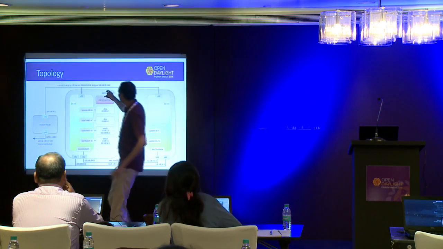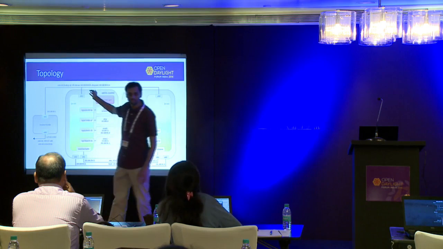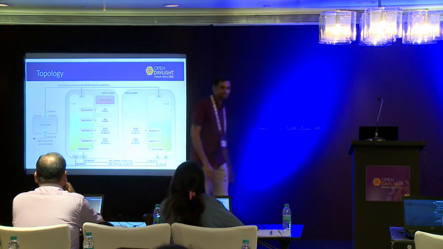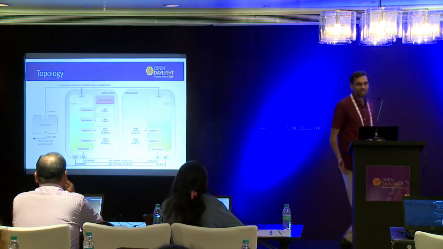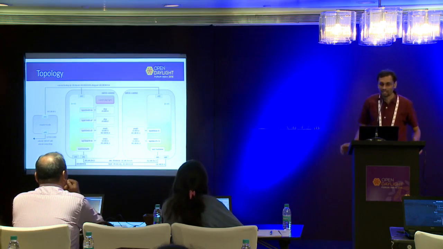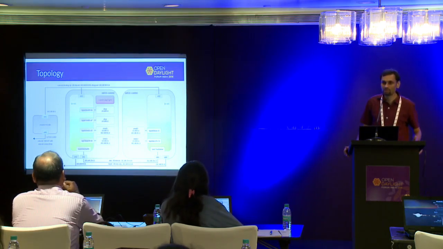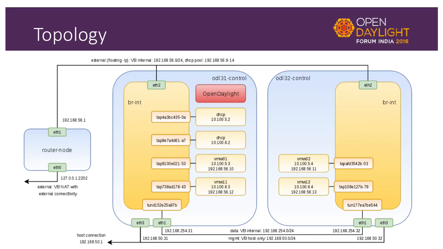So we now set a gateway for our router on this network. That will enable VMs on the internal private networks to access the internet, which is accessible via the 56 network. So your VMs are on which network? 100.5 and 100.6. So internet is on which network? It is on 192.168.56.x. So now we have taken a gateway port and attached it to the router. Through that router we are going to access the internet.